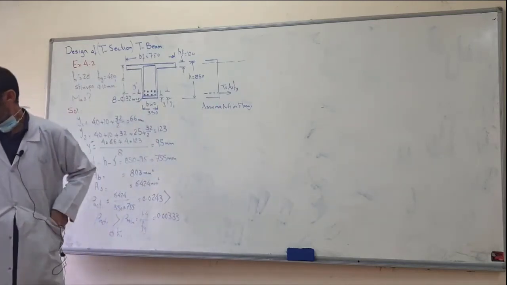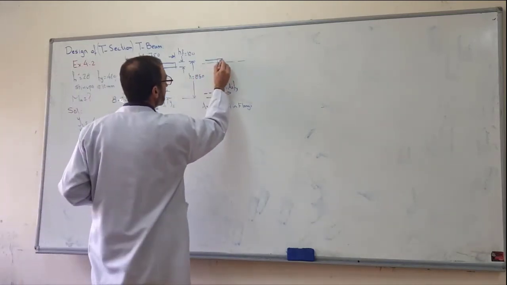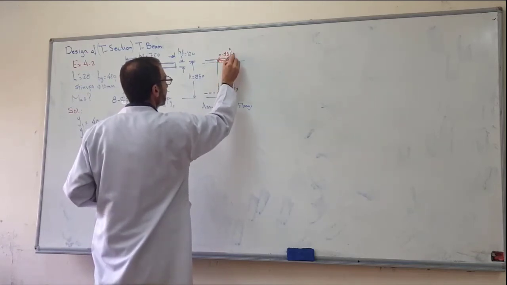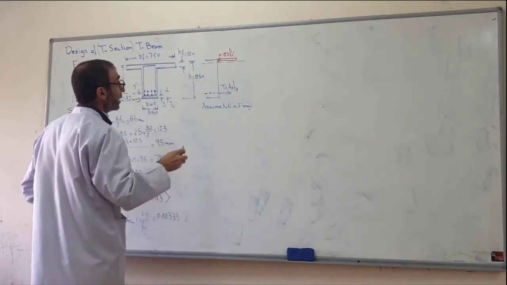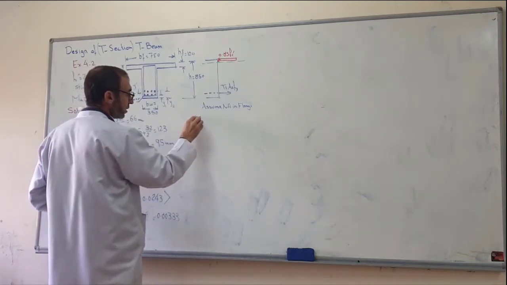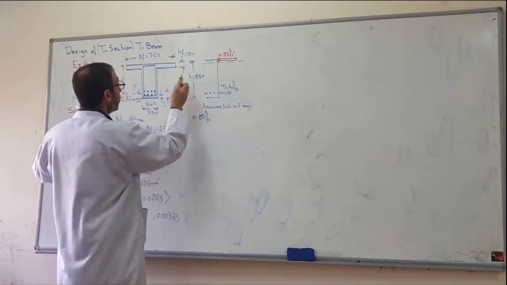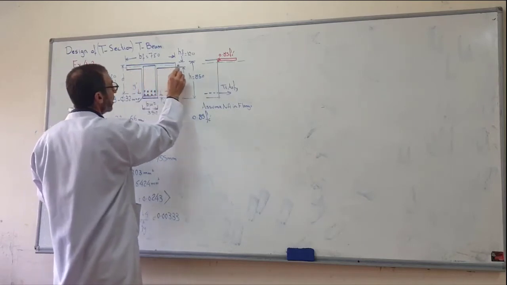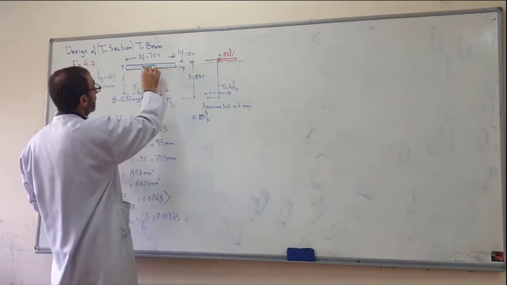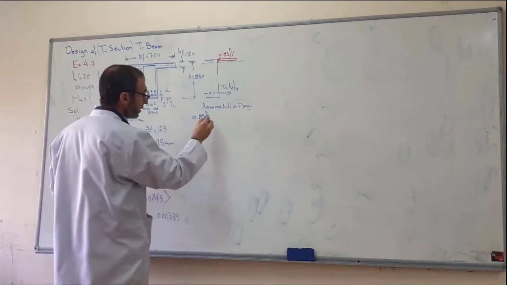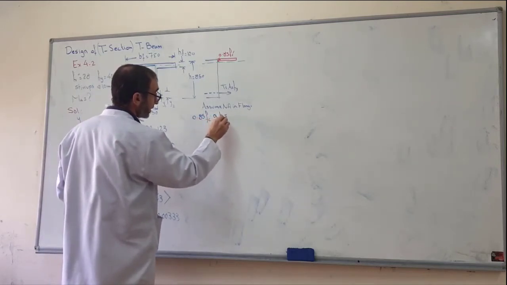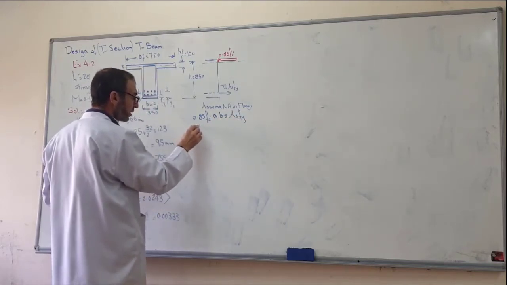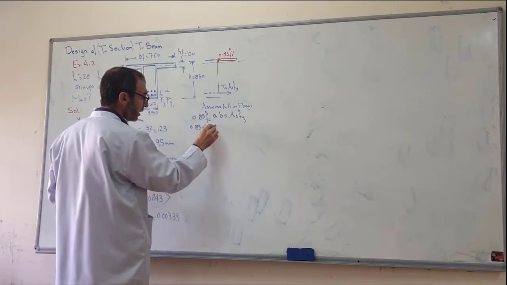C equals the stress 0.85 FC prime over this area, that is 0.85 FC prime times a times b. So As FY equals 0.85 FC prime times a times b.